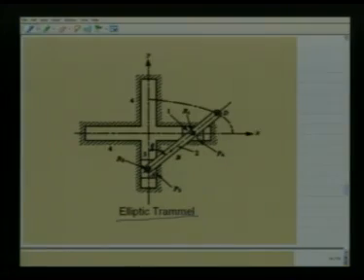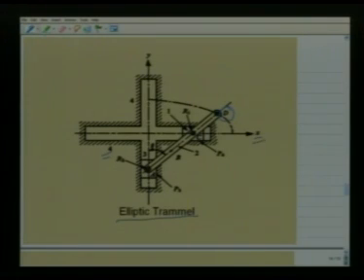As we see, this link has two prismatic pairs, one in the horizontal direction and the other in the vertical direction. This rod ABCD has a revolute pair with this block at C and another revolute pair with this block at A. Now as this rod moves, let us look at the coordinates of any point D on this moving rod.